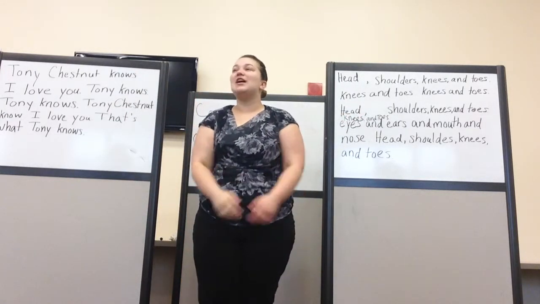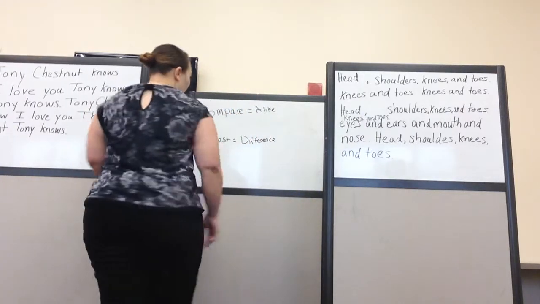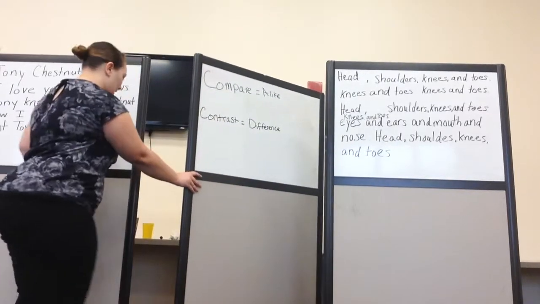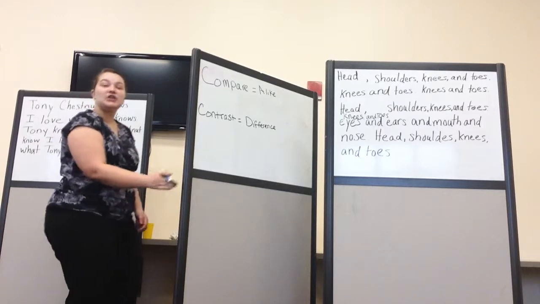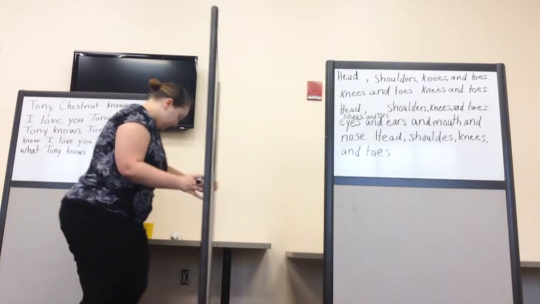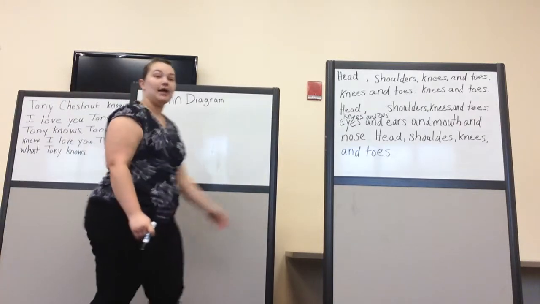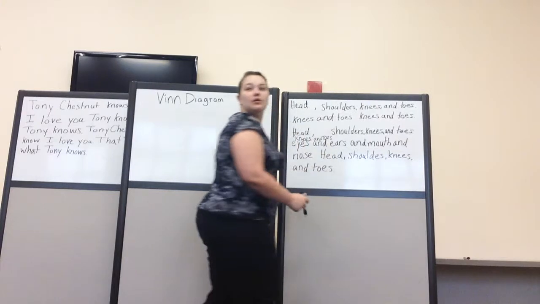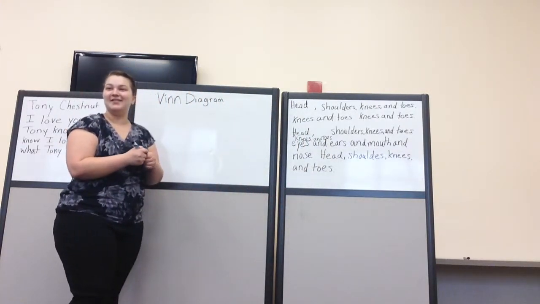Good job, you guys. You guys remembered that really well from last week. Okay, so now we're going to compare and contrast the two songs, Tony Chestnut and Head, Shoulders, Knees, and Toes. And to do that, we're going to use a Venn diagram. Who remembers what a Venn diagram is? CJ? Two circles.